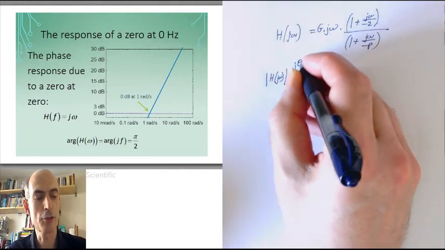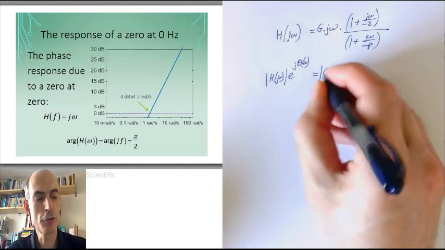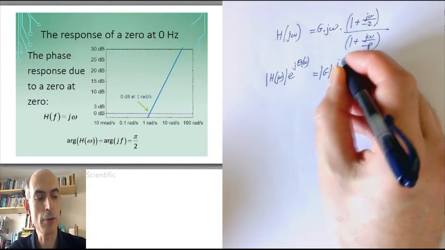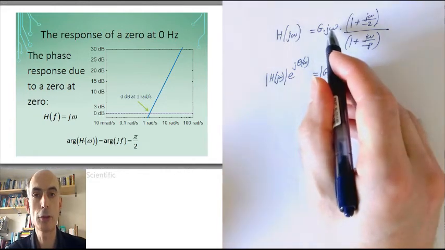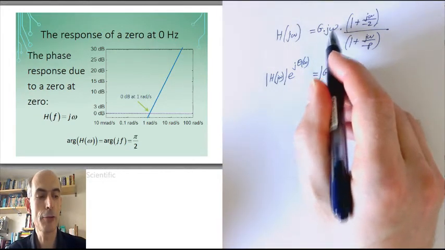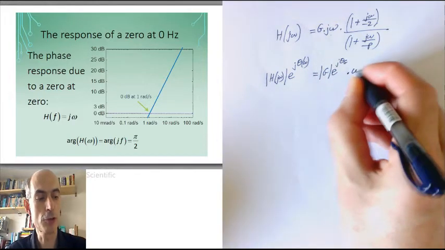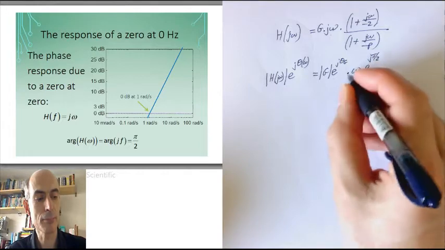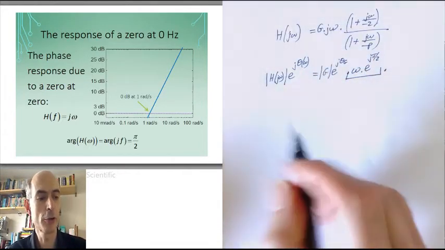I'll just write that as theta function of omega equals the magnitude of g times e to the power of j, the phase of g. J omega has a magnitude of omega and a phase of 90 degrees, or pi over 2, so that would be just omega times e to the j pi over 2. That's the term that's contributed by my 0 at 0 Hz.